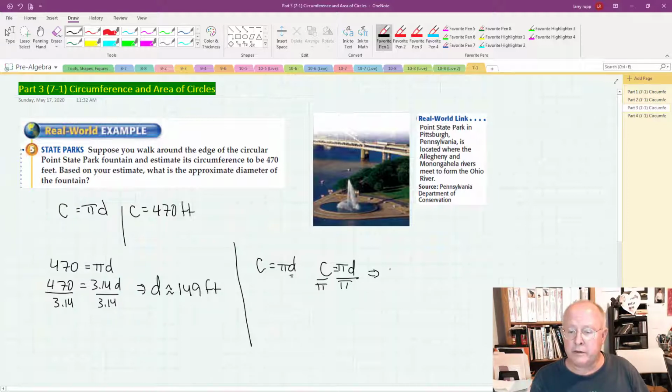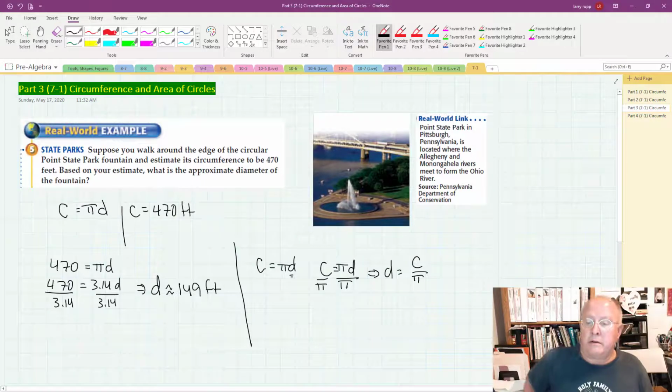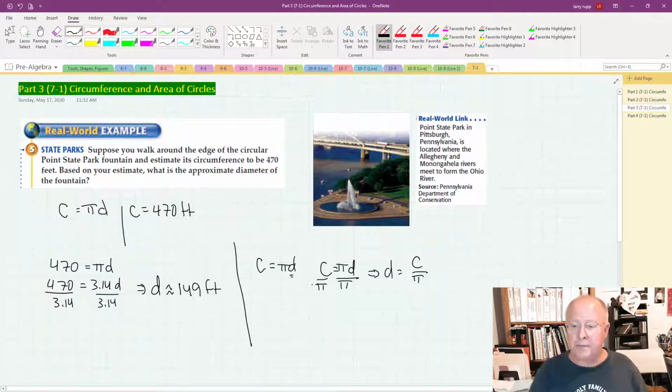And then that gives you d is equal to the circumference divided by pi. All right, so we know that our circumference was 470 feet, and we know that pi's approximation is 3.14. Well, if you notice, it's the same thing we get over here, 470 divided by 3.14. You're not going to get a different answer, okay?